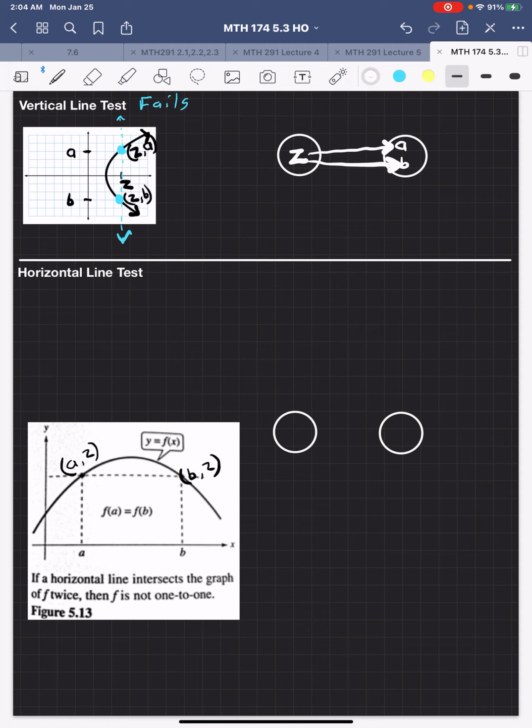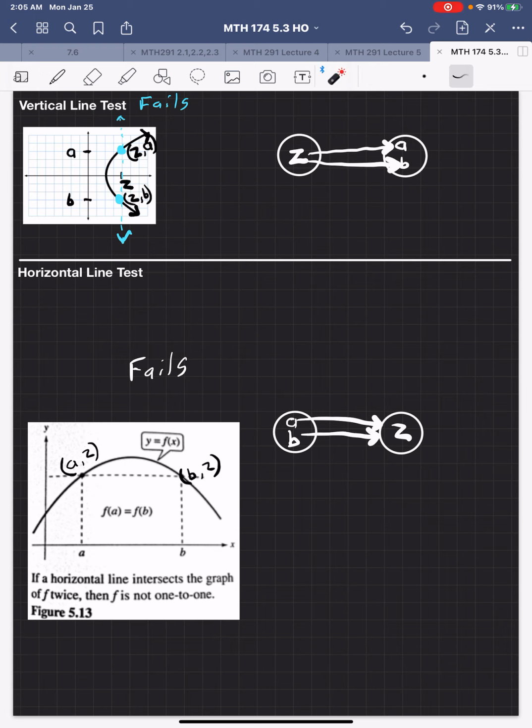So we would say that this graph fails the horizontal line test. And again, in terms of mapping, in this case, A maps to Z, and B also maps to Z.